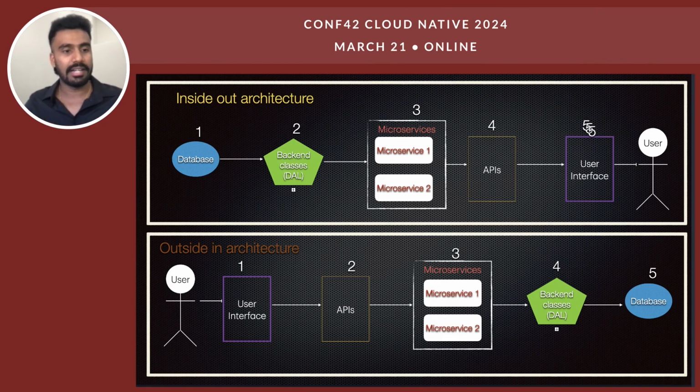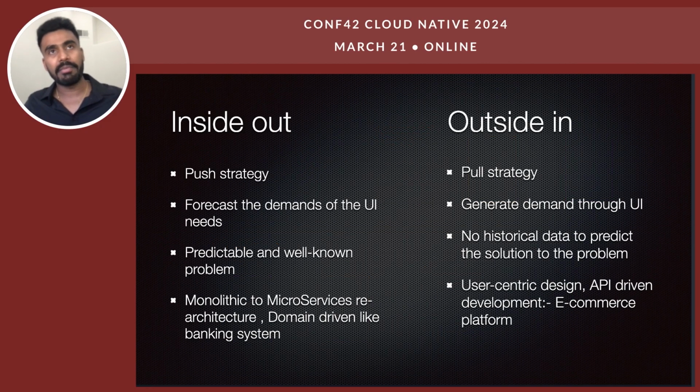So it's inside-out, or a push. And the outside-in is more coming from the user, the end user, all the way to the system. So that is the user into the system. You can imagine yourself as the system. You're either pushing or pulling. So that's how the strategies are defined here.